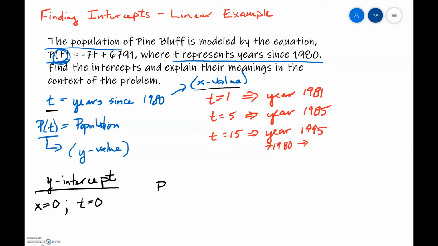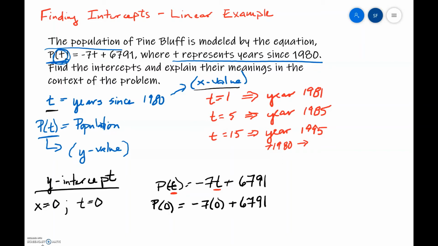Rewriting the equation, negative 7t plus 6,791, anywhere I see a t, I'm going to plug in a 0. So P of 0 is negative 7 times 0 plus 6,791. Anything times 0 is just 0, and adding 0 simplifies down to just 6,791.